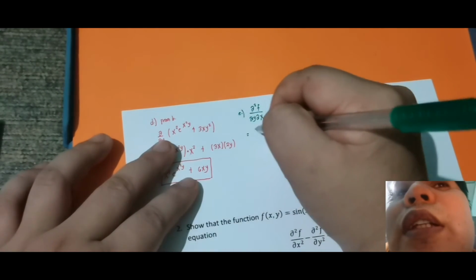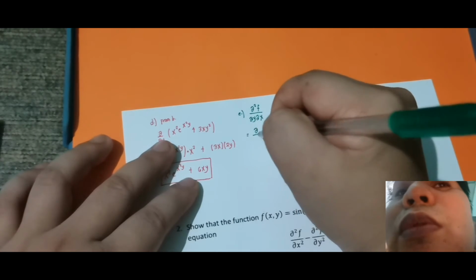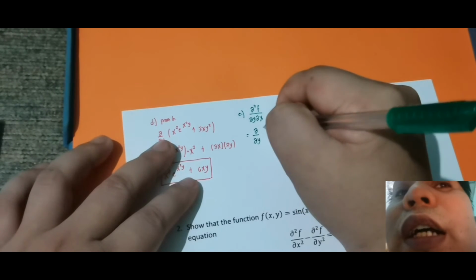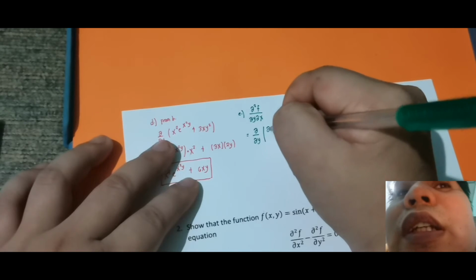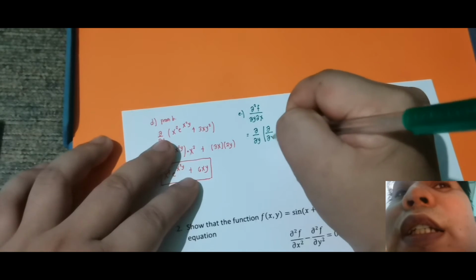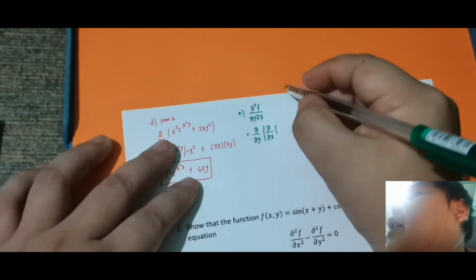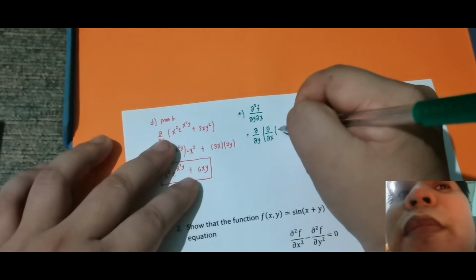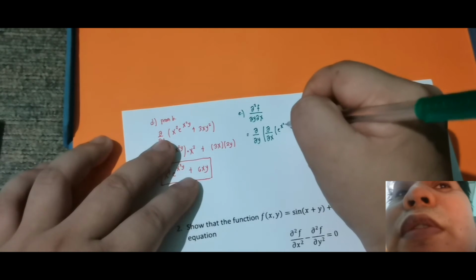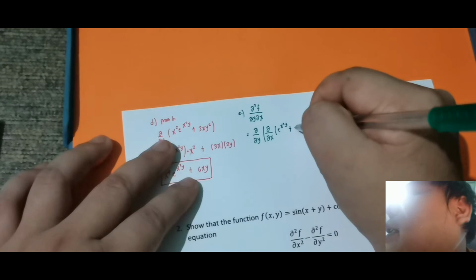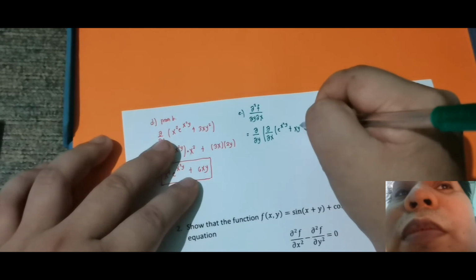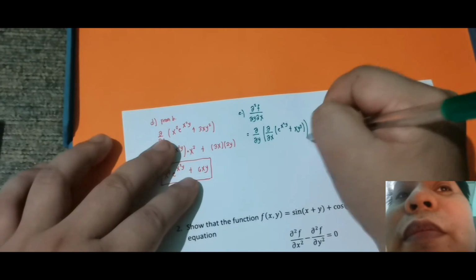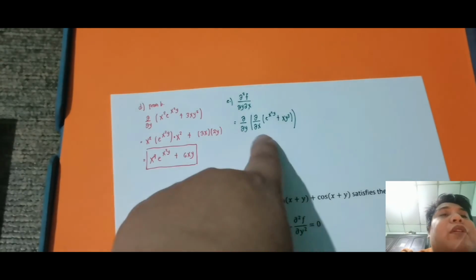So this is just equal sa partial derivative with respect sa y ng, so papakita ko lang dito, this is partial derivative with respect sa x. Nung copy natin yung given, so the given is e raised to x squared y plus xy cube. Okay, so now, ito yung may sagot tayo actually.